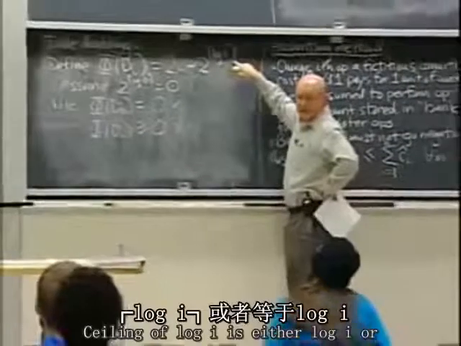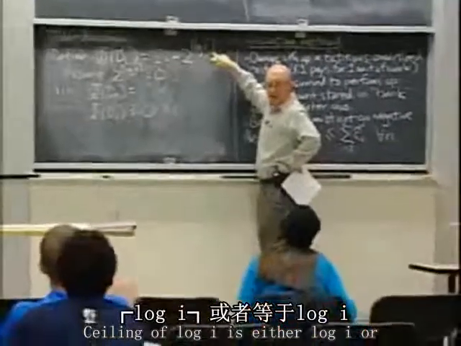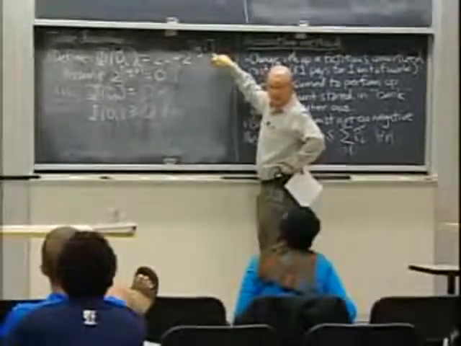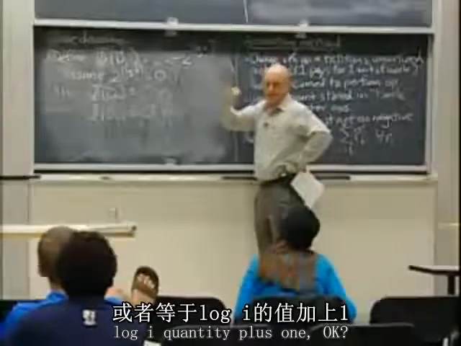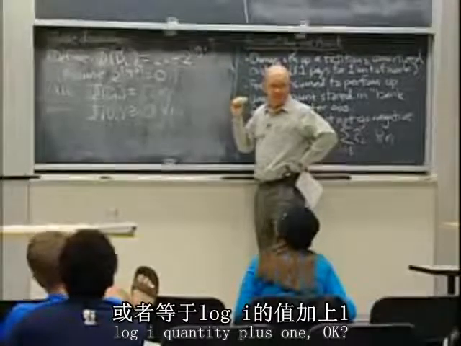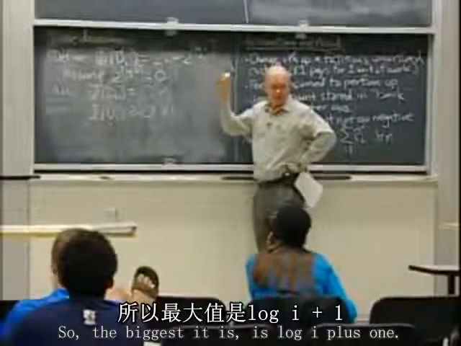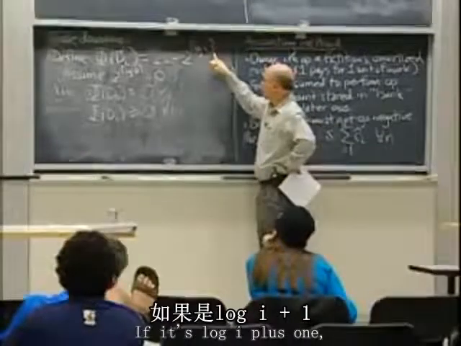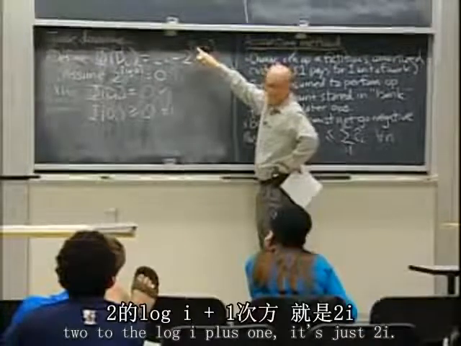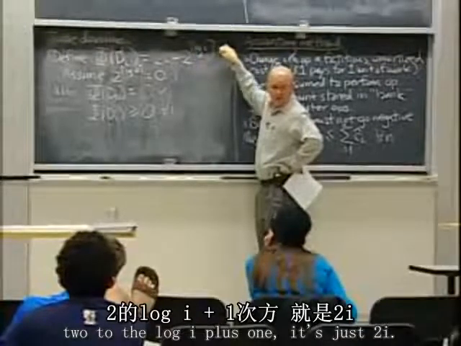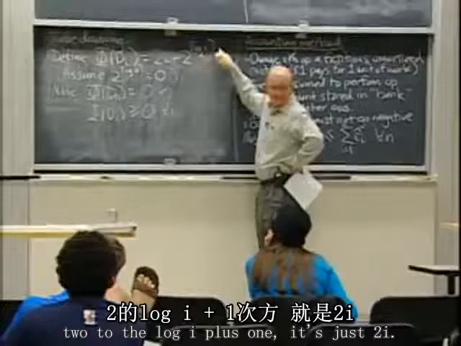Ceiling of log i is either log i or log i quantity plus 1. Okay? So the biggest it is log i plus 1. If it's log i plus 1, 2 to the log i plus 1 is just 2i. That's the biggest it could be.